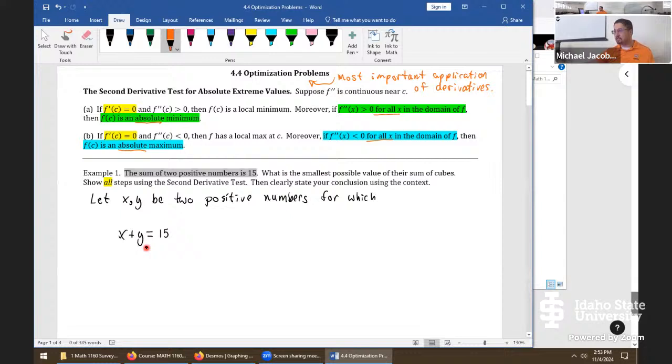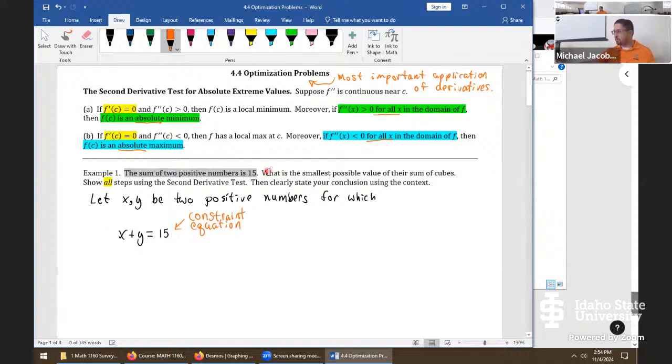This equation that we just built is sometimes called a constraint equation because it puts a constraint on what x and y can be if they're positive and they're forced to sum up to 15. So let's call this the constraint equation.